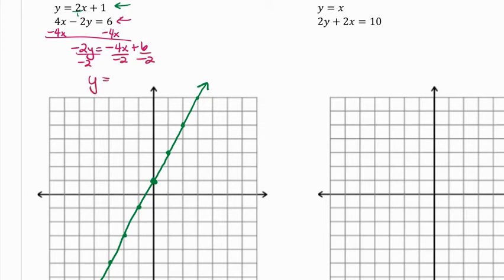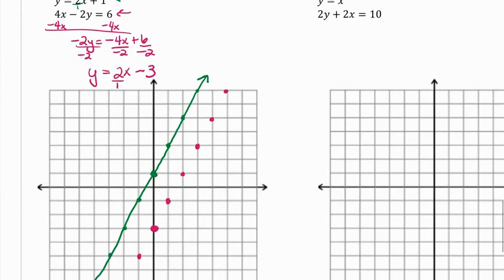So we get y equals negative 4 divided by negative 2, which is positive 2x, and 6 divided by negative 2 is a negative 3. Okay, so our y-intercept on that one will be at negative 3. And then our slope is positive 2. And again, you can put it over 1. So up 2 and right 1. And we go across. And look what's happening with these lines.